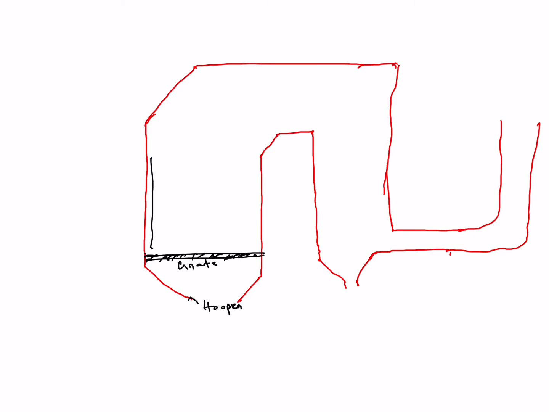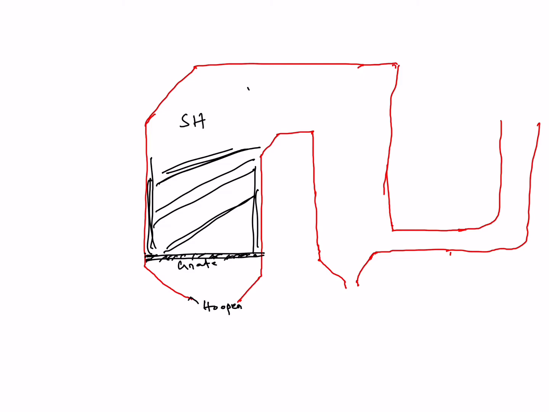Then in this area you will get your water wall panel. Like this you will get water wall panel. Then you will get your superheater, then reheater, then again superheater, reheater, then you will get your economizer. Then at the bottom of economizer you will get air preheater or APH.